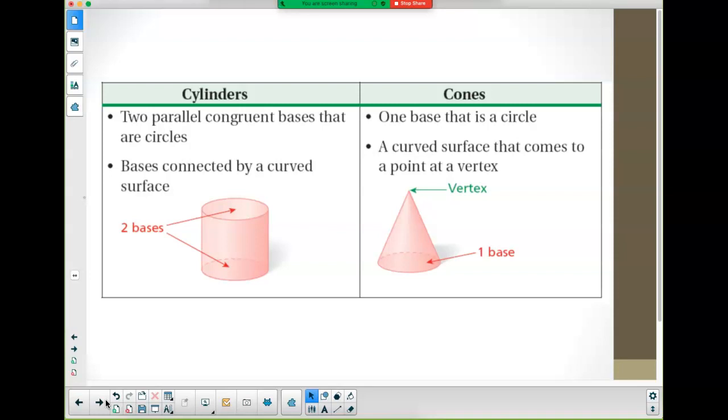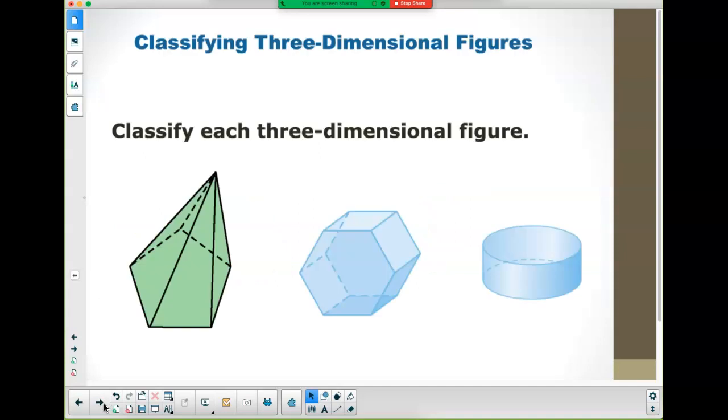So part of your homework tonight is going to be classifying the figures, knowing what it is. So if we look at this first one, what would we call this? Any ideas? We've talked about cone. We've talked about cylinder. Those of you at home, cone, cylinder. We have pyramids. We have prisms.